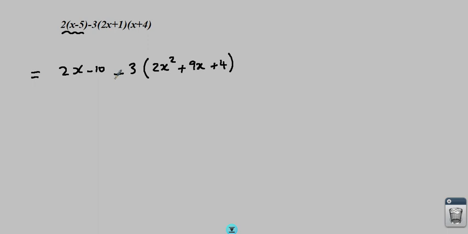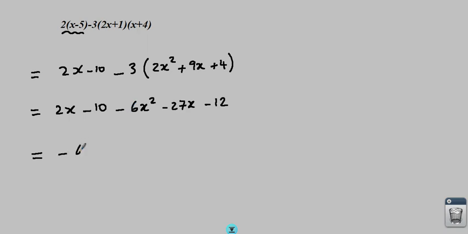And now we can expand. We have a minus 3 multiplied by this bracket. So we have 2x minus 10 minus 6x squared minus 27x minus 12. And to collect like terms and simplify this expression, it's a good idea to begin with the x squared term.